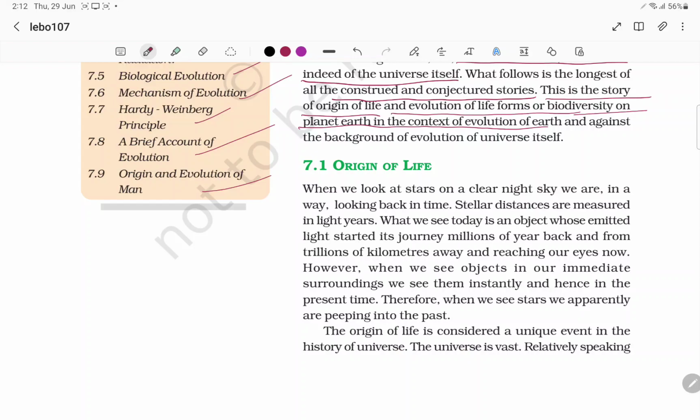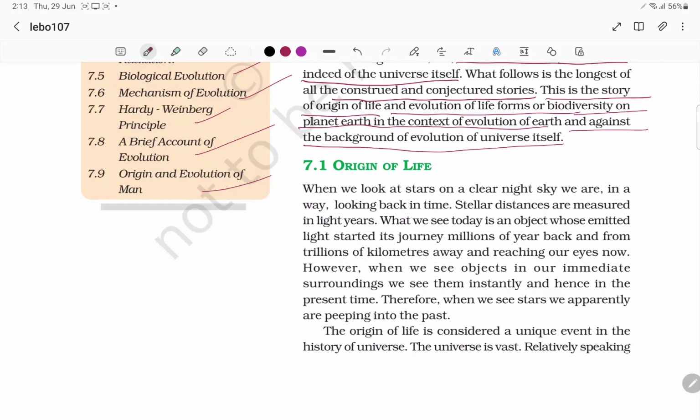Very early Earth did not have water; later it had water. Very early Earth did not have ammonia and methane gases; now it has ammonia and methane gases, right? So even the Earth got evolved against the background of the evolution of the universe itself. As the universe is evolving, the Earth is also evolving. So in the evolving of Earth, life also started and life is also evolving, right?